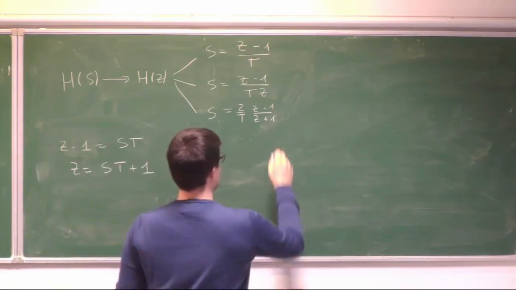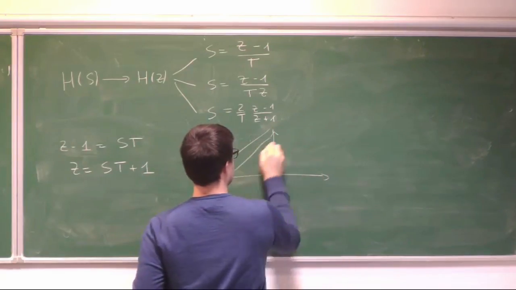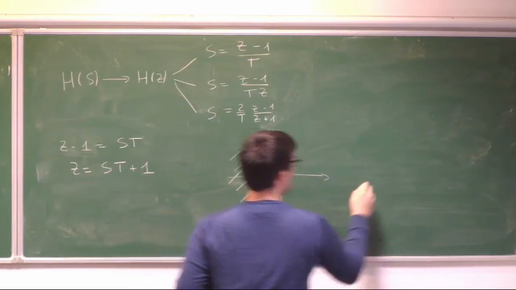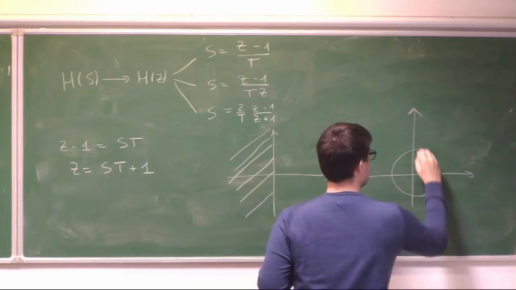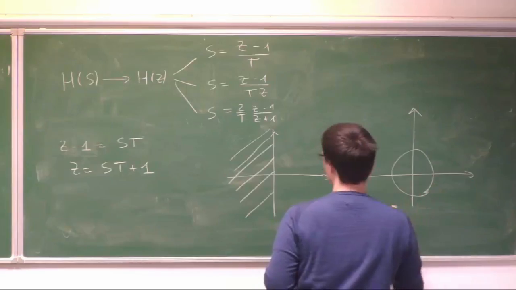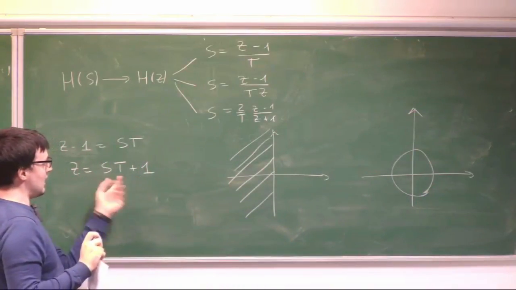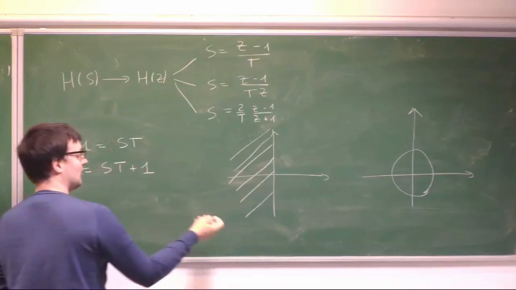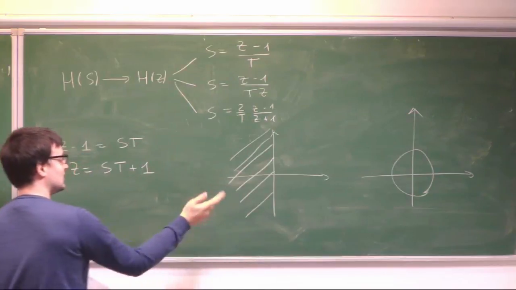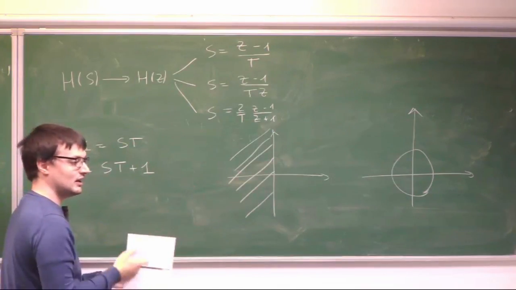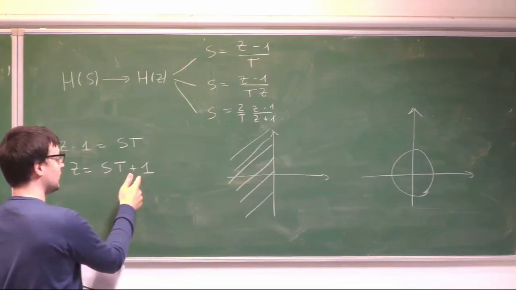It means that if this is the complex plane, and we want to map this in the z domain, and I sketch here the circle, we see that what's happening is that this half plane is multiplied by T, so by a scaling factor, which doesn't change much, and then is shifted by plus 1.